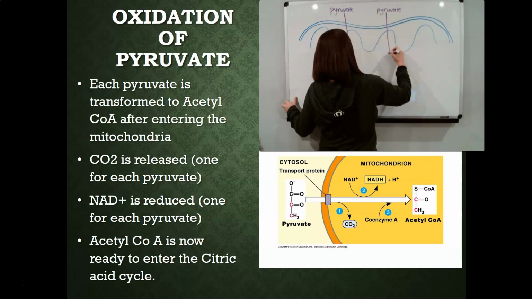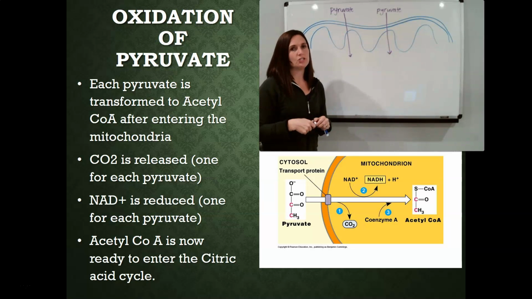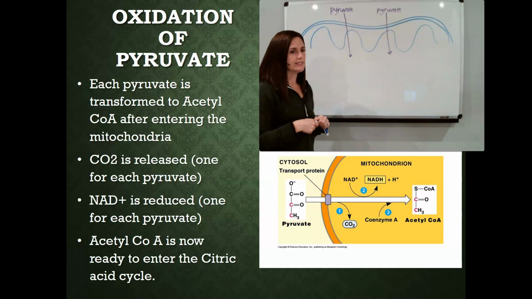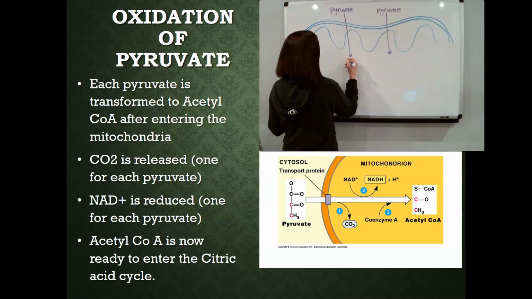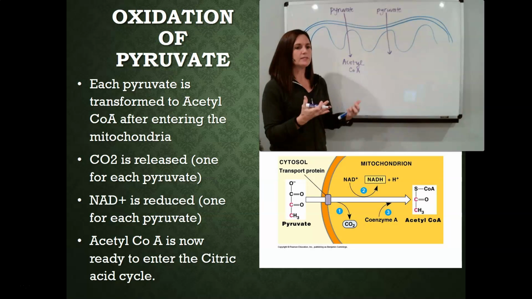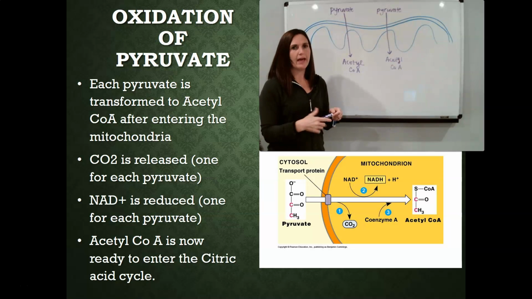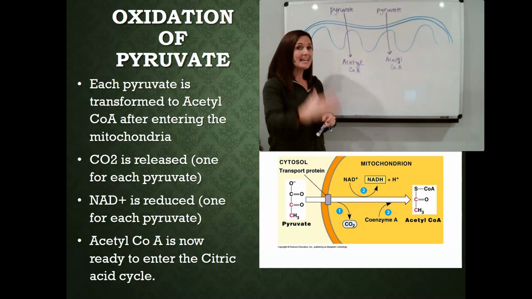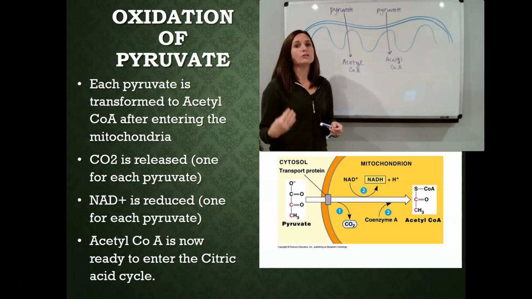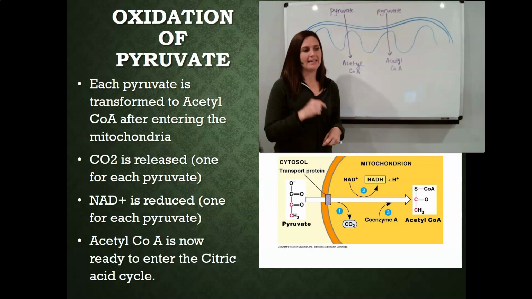Each pyruvate is going to come into the mitochondria, and each pyruvate needs to turn into a molecule known as acetyl coenzyme A. Acetyl co-A is what we call it for short. So it's going to become acetyl coenzyme A. So each one does. So we've got acetyl coenzyme A and acetyl coenzyme A, and as they come in, we're also going to reduce NAD to NADH.